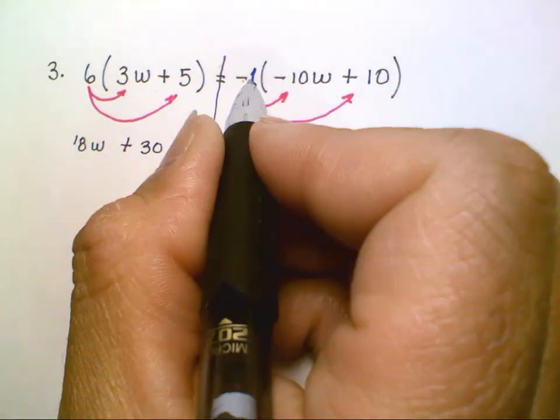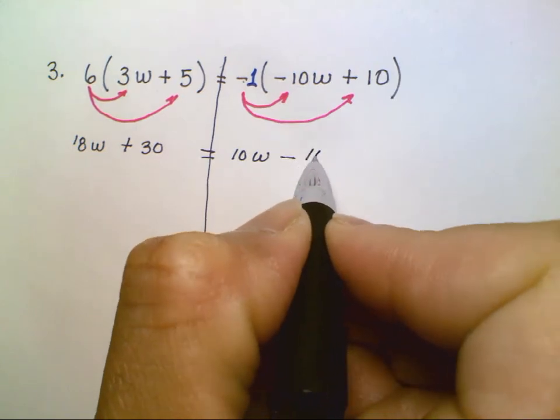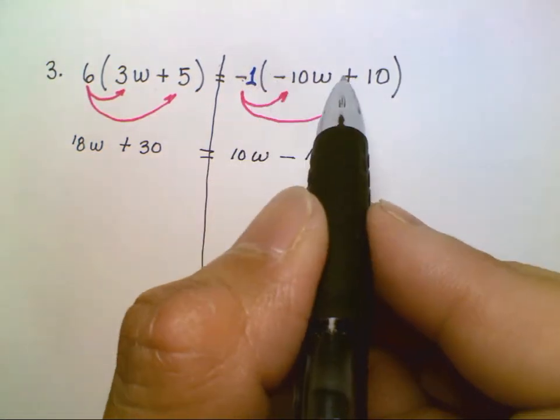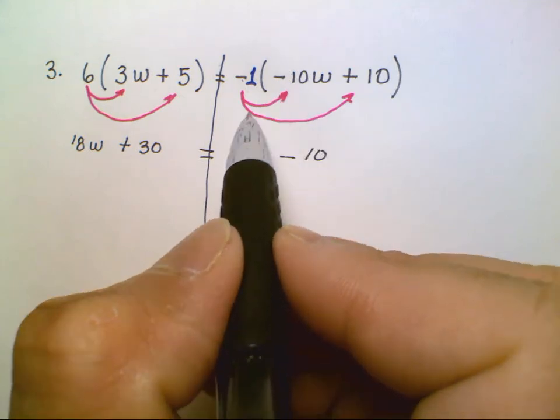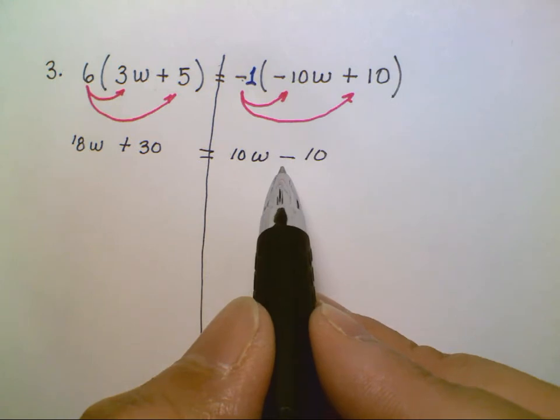And then negative 1 times positive 10 is negative 10. So what this negative did was just change this sign. So if this was negative, now it's positive. This one is positive, now is negative.